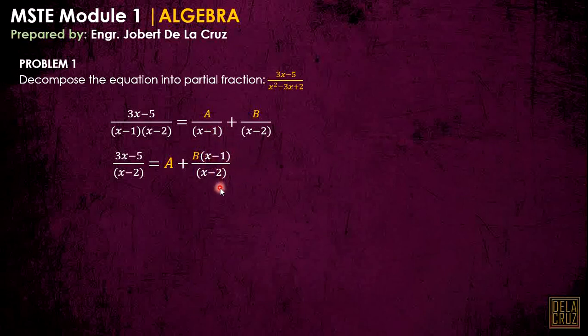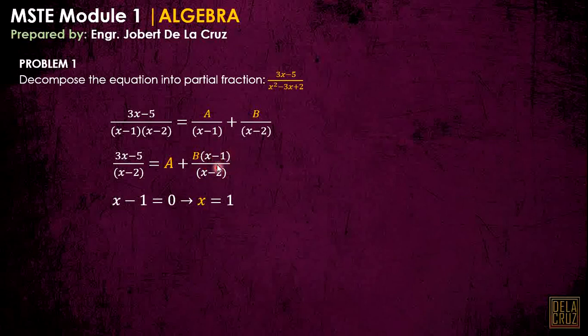Now, in order to calculate the a dito, take note that in this case, may dalawang unknown pa tayo. So, I will let x here as 1. Bakit? Diba? If I will let that x minus 1 equals to 0, or this is just the denominator of a, or let's say that x is equals to 1, just transpose this, ano yung mangyayari sa x minus 1 dito?